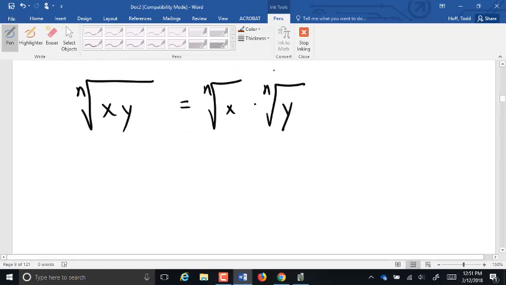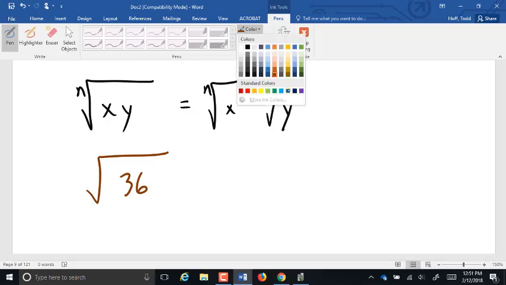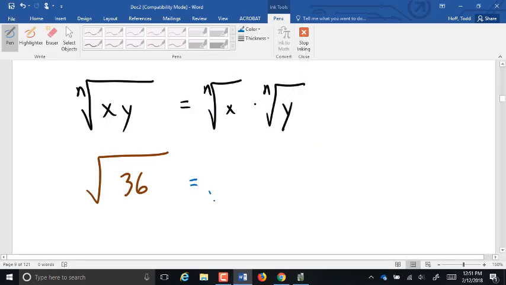But you might run into something like this. Just a square root of 36. Now, many of us know that the square root of 36 is 6. But if we didn't, we might be able to write it like this. 36 is 4 times 9, correct?